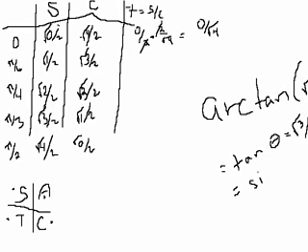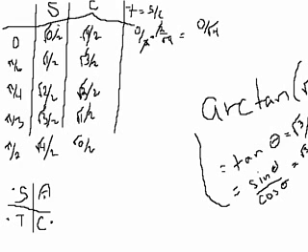And sometimes going to sine and cosine helps, because this says the sine over the cosine is the square root of 3 over 1. So go to your chart and find where the sine has a square root of 3 in it, and the cosine has a square root of 1 in it.